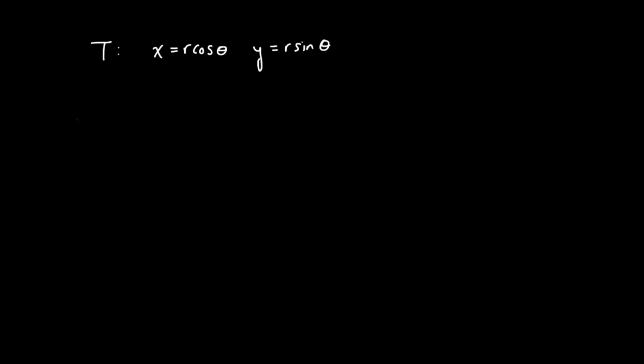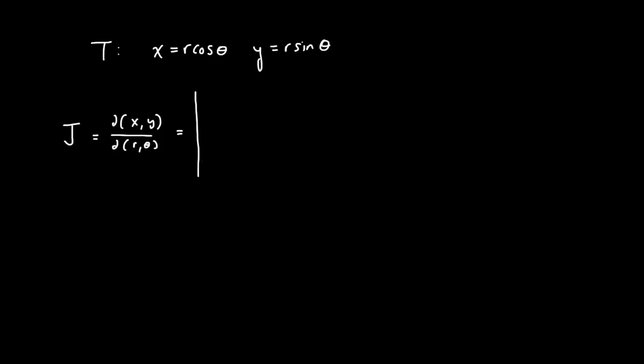Now let's prove that the Jacobian under the polar transformation is always r. Keep in mind, we haven't really discussed what the Jacobian is on a larger scale, but assuming that we know how to compute a Jacobian, at least a 2 by 2 Jacobian, we'll do the process.